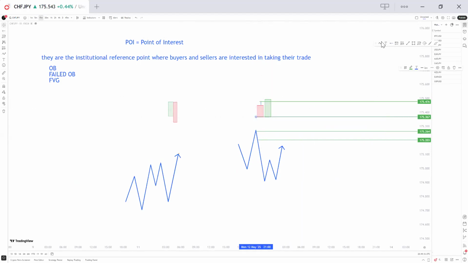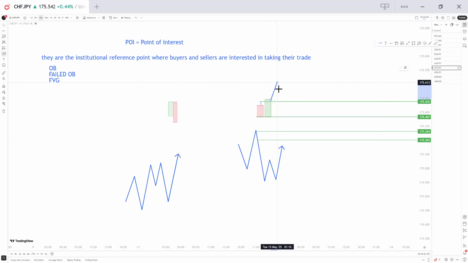Let's say price was going up after price created this order block.